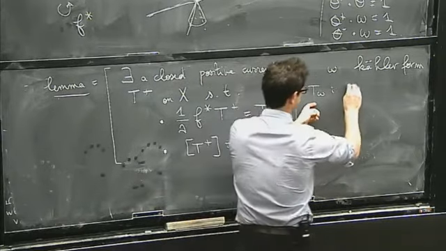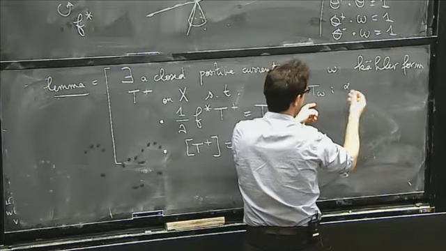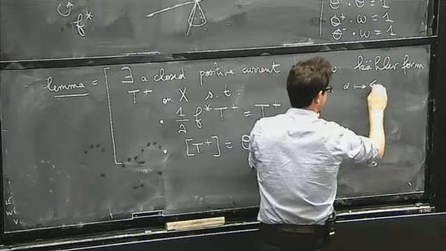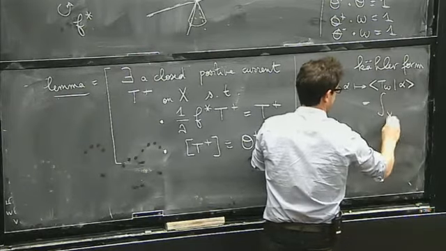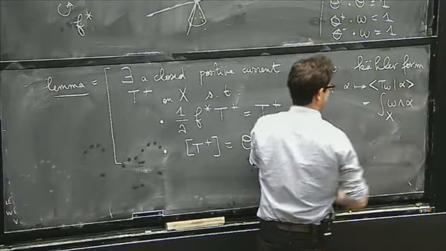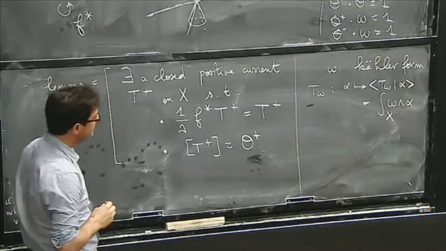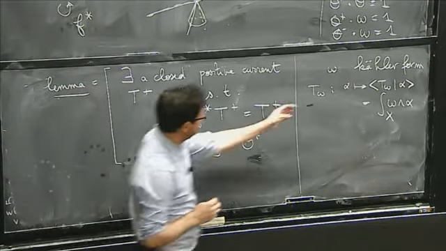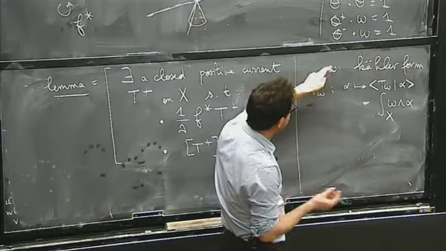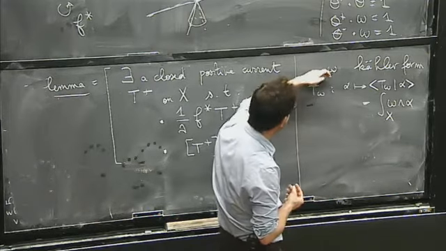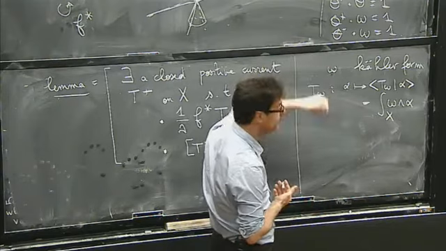So if you take a 2 form alpha, say a 1-1 form alpha, you can define the value of T omega on alpha to be the integral on X of the product between omega and alpha. Okay? This is an example of a closed positive current. It's positive because omega is positive. It corresponds to a Hermitian metric. And it's closed because omega is closed by definition of a Kähler form.